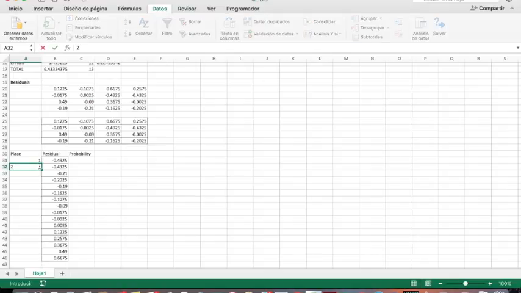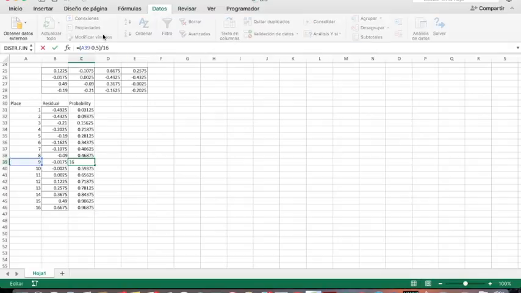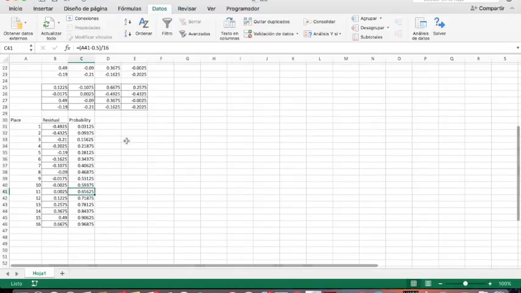So, we have 16 residuals. And the probability is the place minus 0.5 between 16, which is the number of data. Press enter and we pull it down. All of them are, for example, 9 minus 0.5 between 16, the same here, the same here.